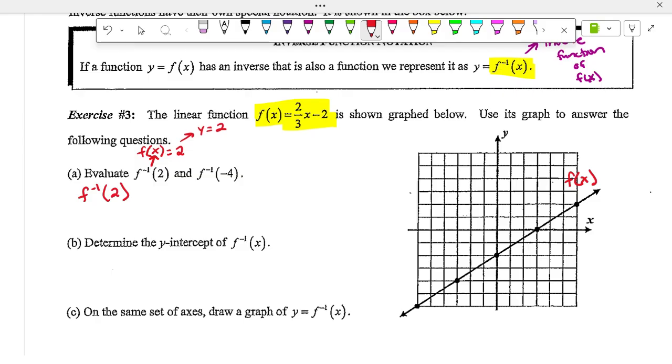The x. So how do you think I'm going to do that? Just how you would do if you had the x value to find the y. So I would go to the graph where y is 2. So I'm on the y-axis at 2. I'm going to slide over until I hit the graph, and the corresponding x value is my answer. So what's my answer?